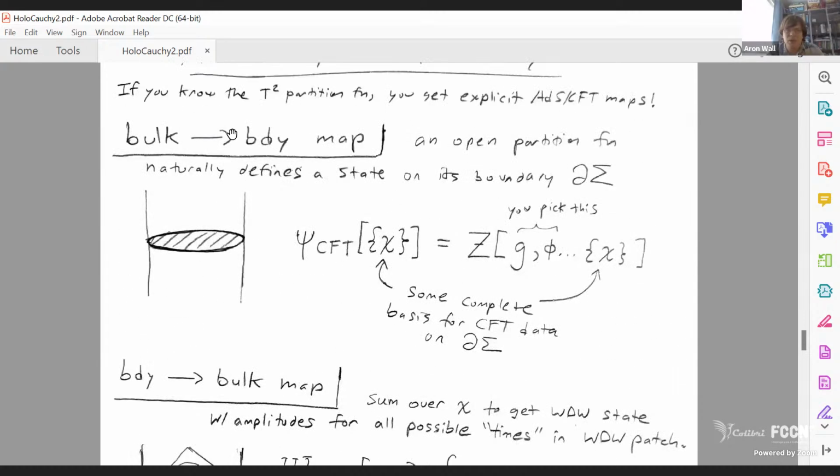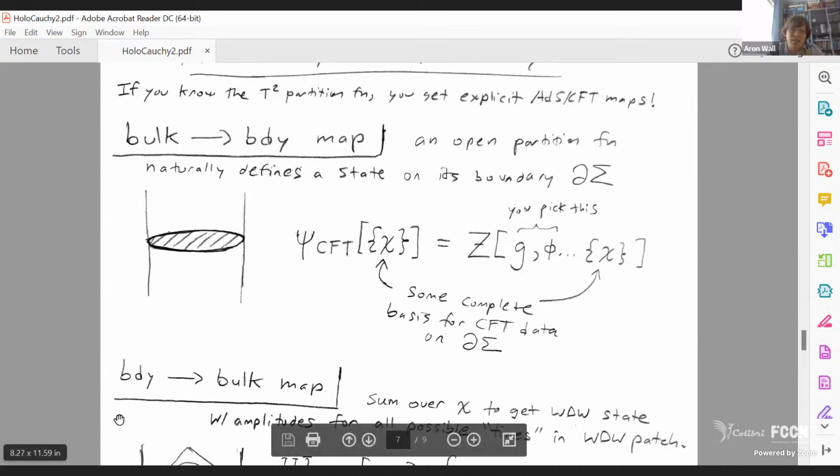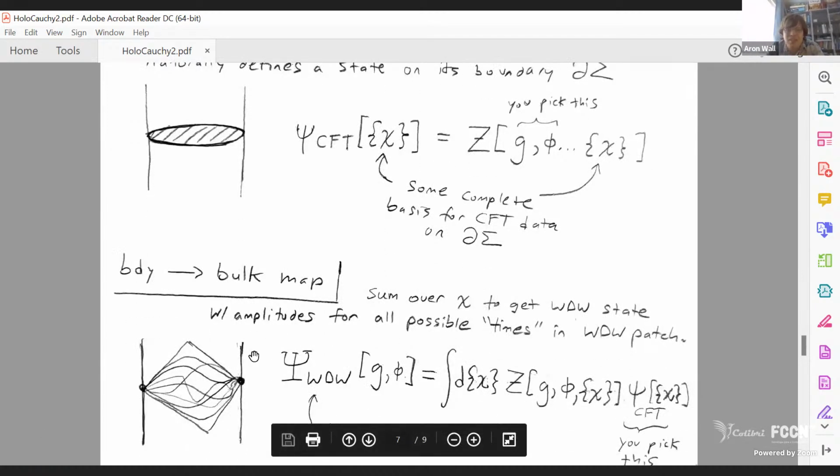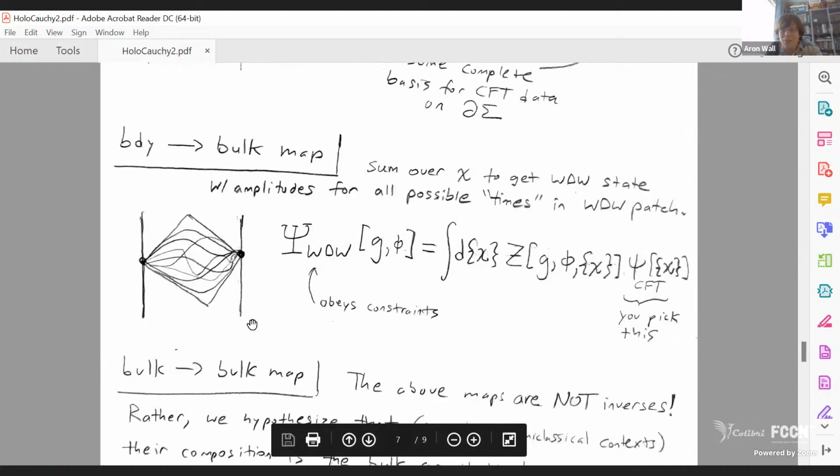Okay, so since we've got a bulk to boundary map, and since we have a boundary to bulk map, you might think these are going to be inverses, right? Well, they're not quite inverses because of this way that you get time evolution when you map from the boundary to the bulk.